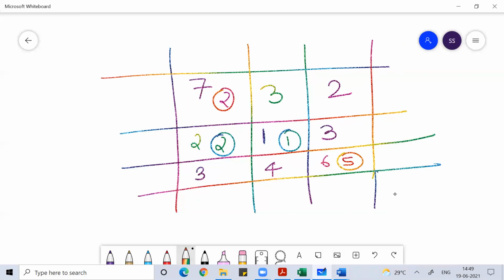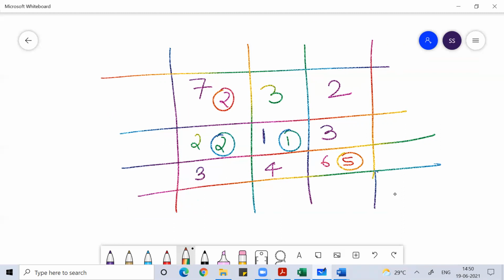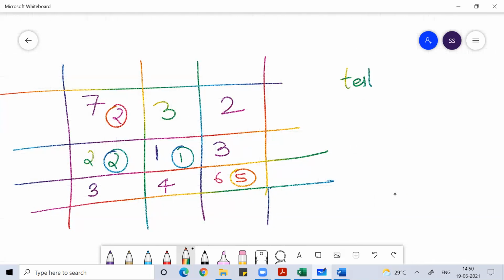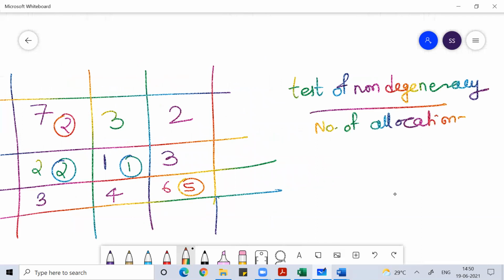Now, guys, if you see the test of optimality, you have 3 rows and 3 columns, correct? So the total number of allocations should be 5. But if you see the total number of allocations here, it is 4. So if I do the test of non-degeneracy, the total number of allocations should be equal to m plus n minus 1.